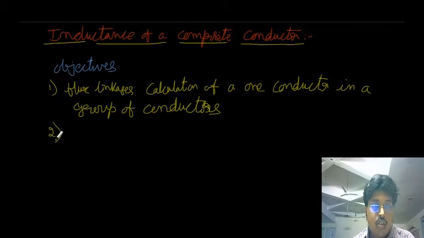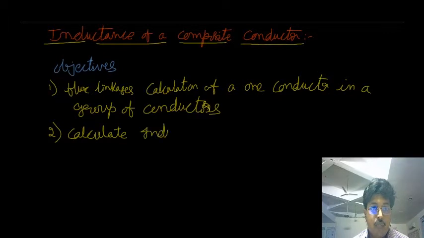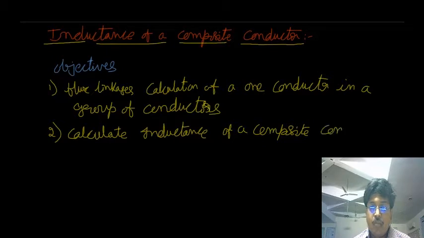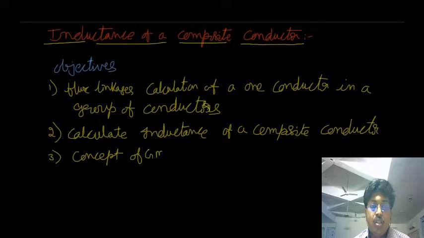The second objective of this lecture is to calculate the inductance of a composite conductor. And the third objective of this lecture is the concept of GMD and GMR.